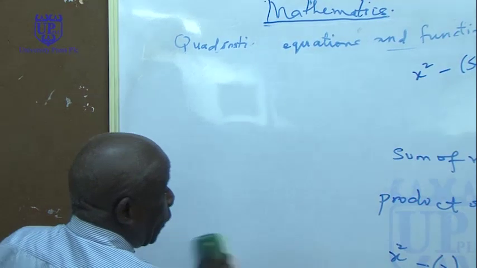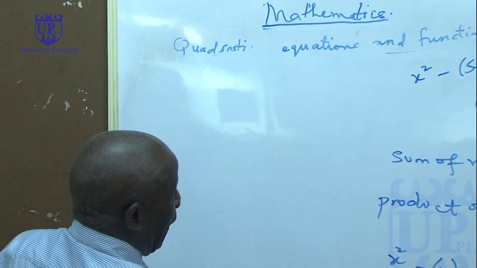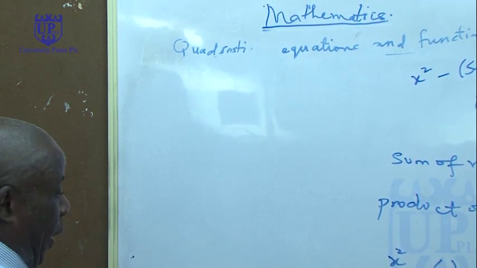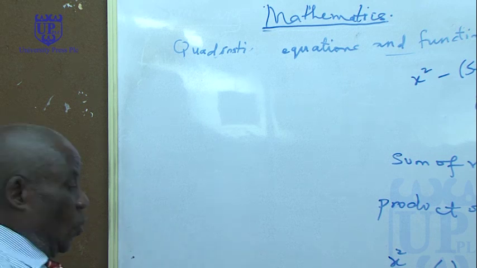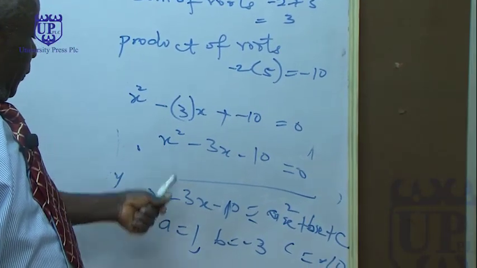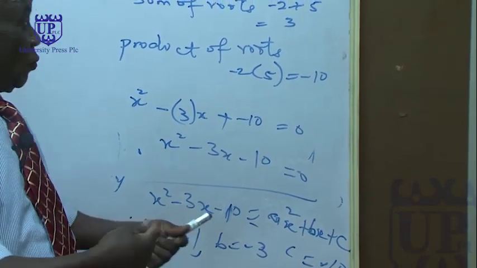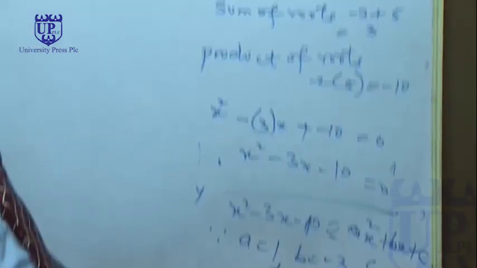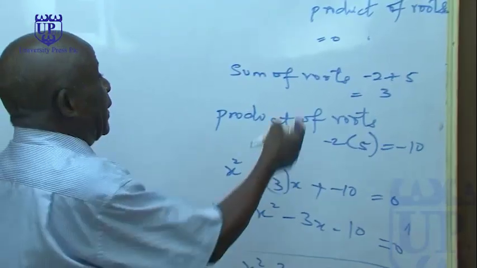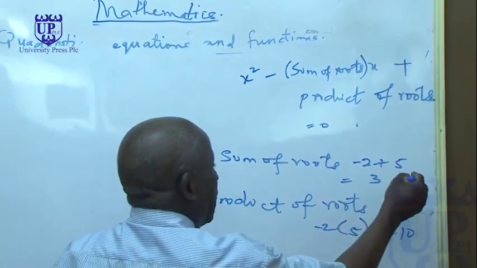The other time I said, how are they going to assess you here? Some of you may just look at the diagram and write the answer down. No. For getting the sum of the roots, they give you 1 mark.